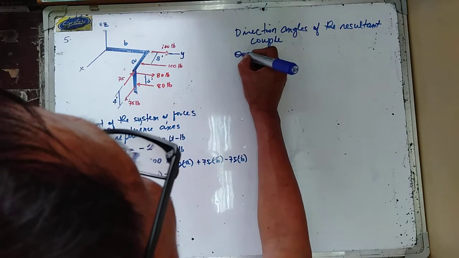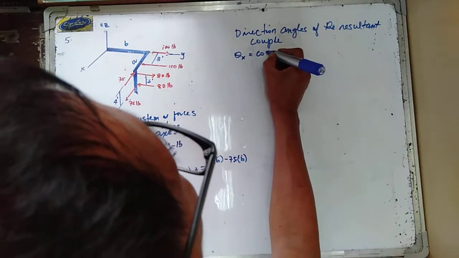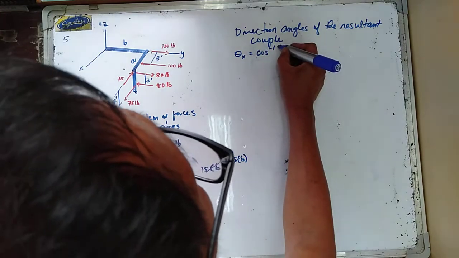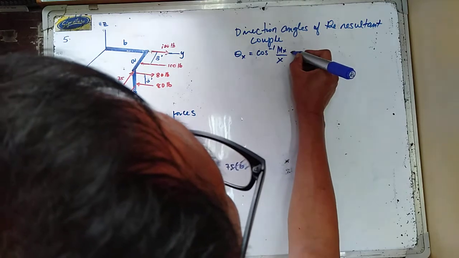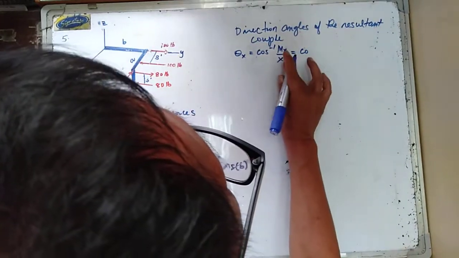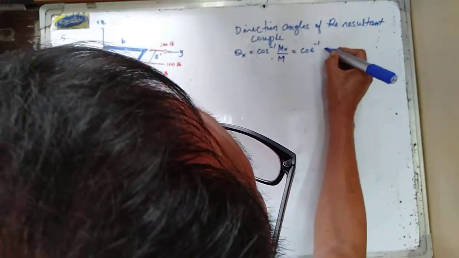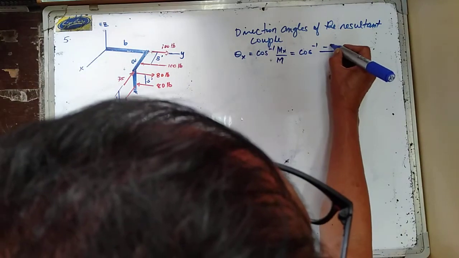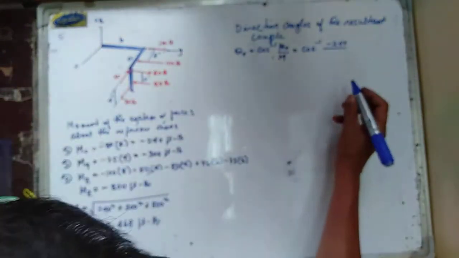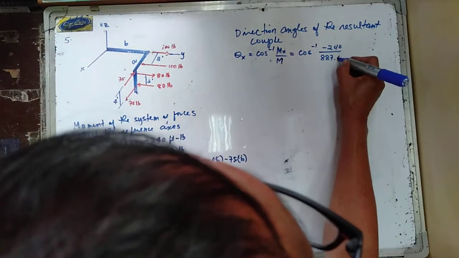Your theta x is equal to the arc cosine of Mx all over M, which is the arc cosine of negative 240 all over 887.468.